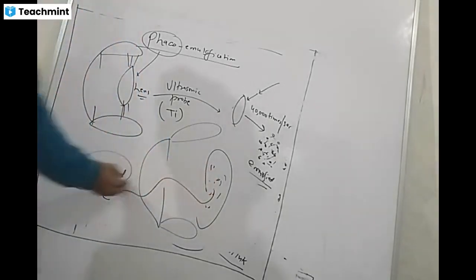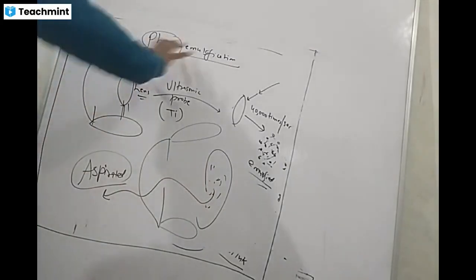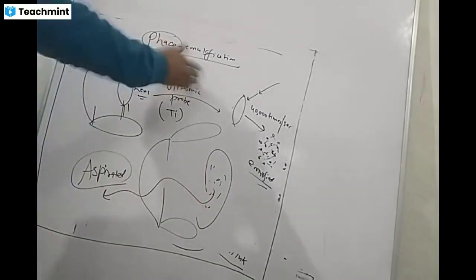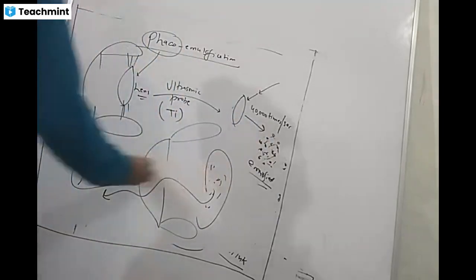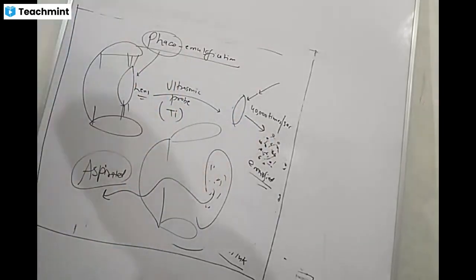We aspirate it outside. So this is the principle. The lens is broken down into pieces, powder form, and we take it out. That is your phacoemulsification.